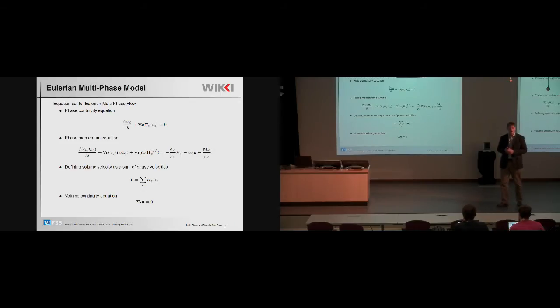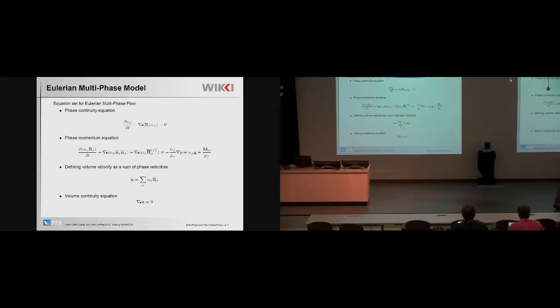However, I can imagine myself a variable which is equal to the velocity of the air if I'm in the air and equal to the velocity of the water if I'm in the water. So based on that, I will assemble the velocity for the sum of the phases as the sum of alpha_i u_i, and the continuity equation for that same velocity basically says div u equals 0.